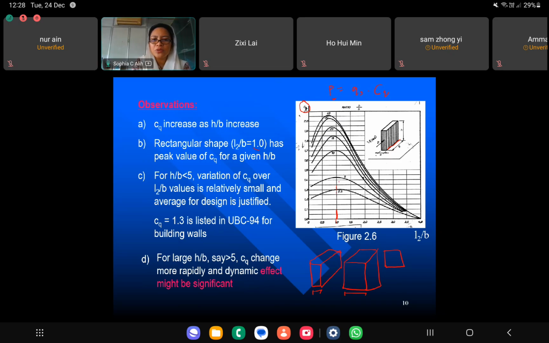And as I mentioned to you, after H over B of 5, the increase is more significant. So you have to be more careful when you have H over B more than 5, right? Because since the changes are more rapid, the dynamic effect might be significant. So when you check your structure, when they are very slender, you also have to check the dynamic effect.